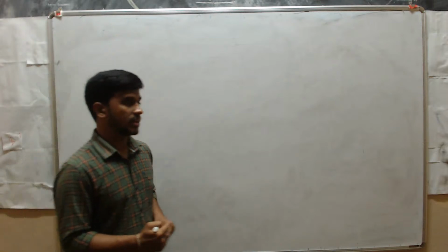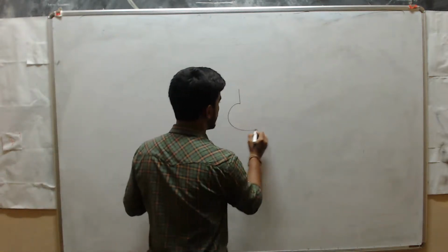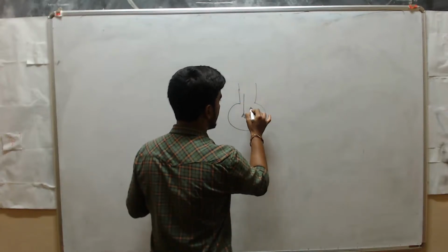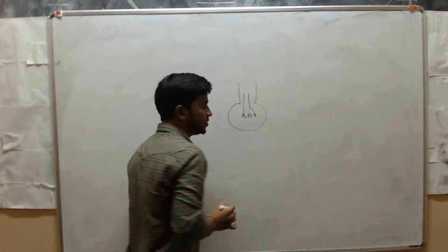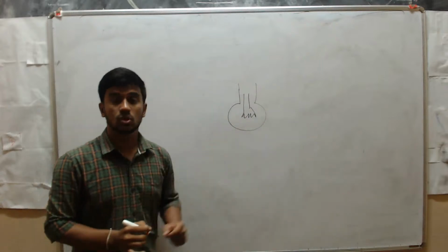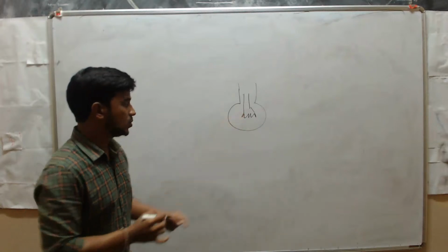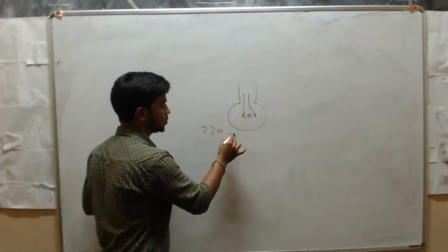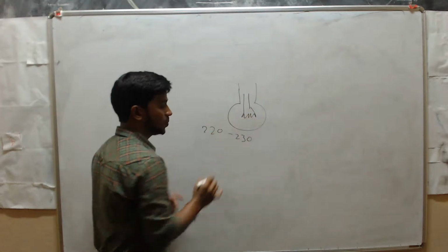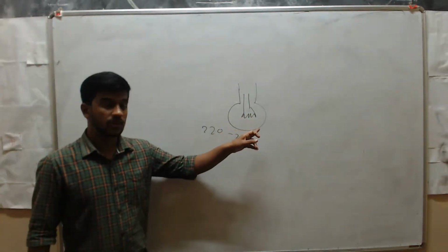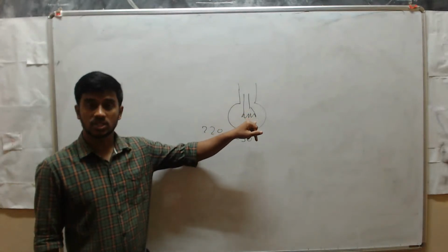You have seen this kind of bulb. Instead they use some kind of tungsten like this. If you use copper wire instead of this tungsten, what will happen? When you pass 220 to 230 volts, that copper wire will burn. So that's why we use tungsten wire. Why?